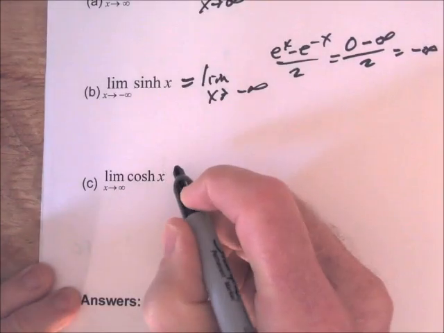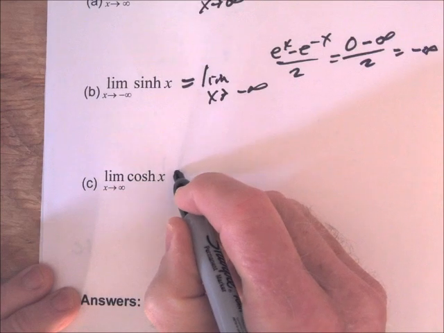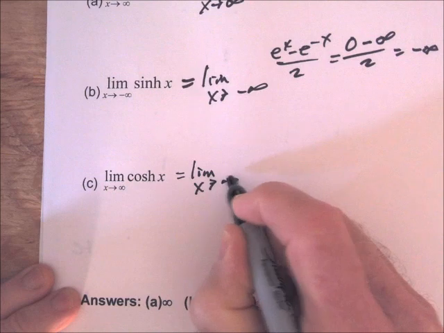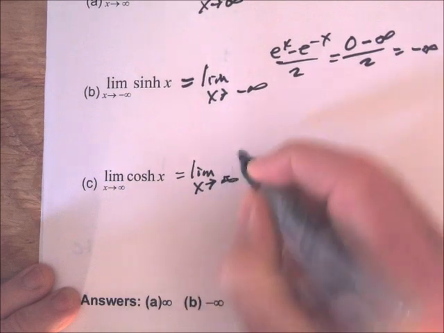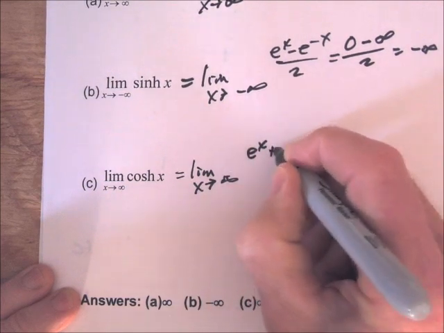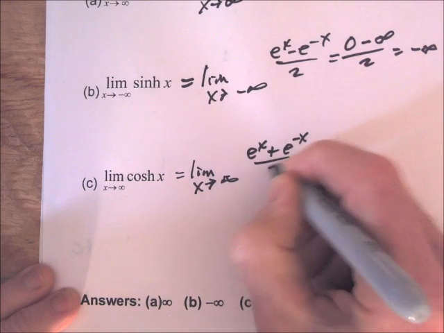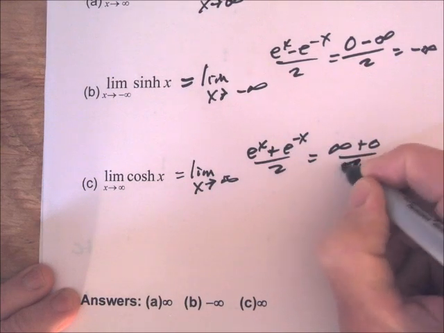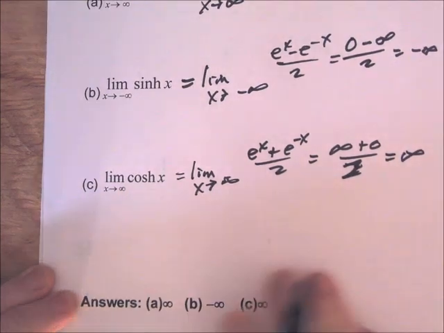Limit of cosh x as x goes to infinity. Limit x goes to infinity of e to the x plus e to the minus x over 2. So this would be infinity plus 0 over 2, which is infinity.